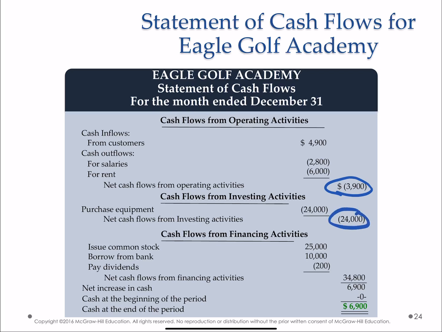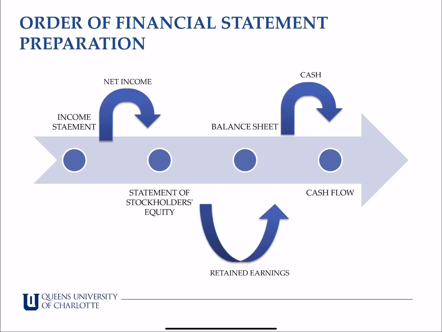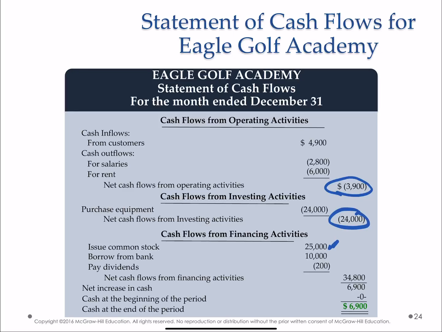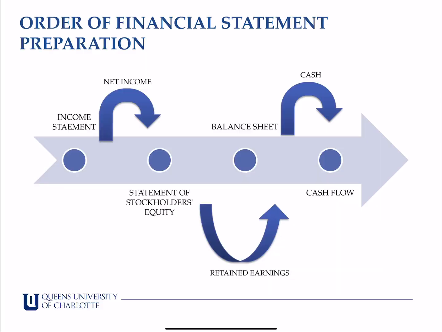That's more cash out. Well, how did we do this? Oh, we issued common stock, which gave us cash in. We borrowed some money from the bank, paid a little bit of dividends, which is cash out. So we were able to end the year with $6,900 in cash because of those three things.